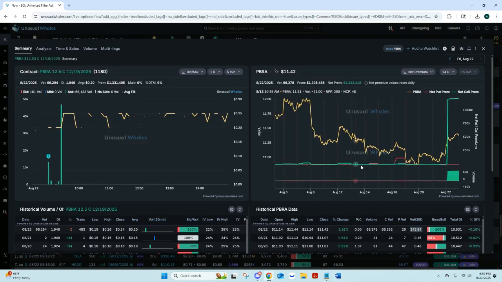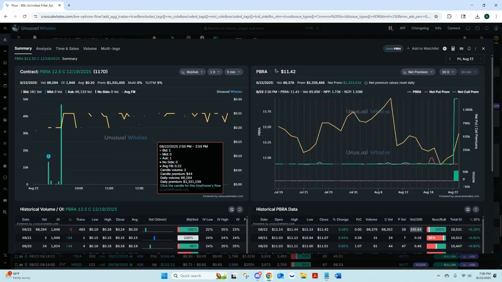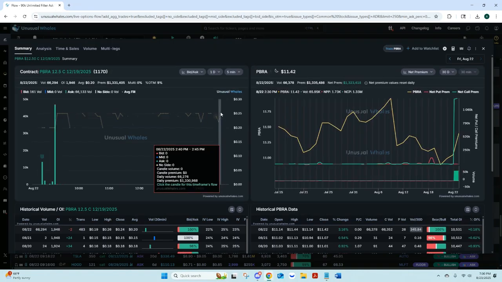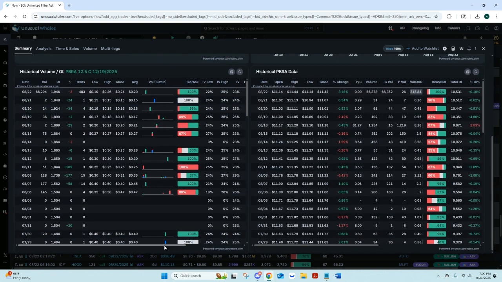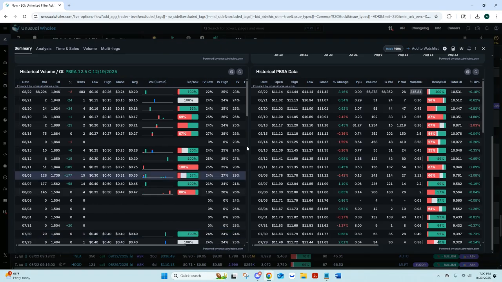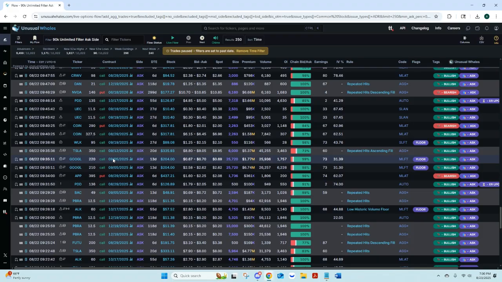Like 14 days, I don't see any option activity on this one. 30 days, this is your biggest call premium here. And one more, sorry. Like when you come down here too, again, let's see how much of this is that. So this is all your premium there. So very interesting trade there with something like that. Look at a couple more.